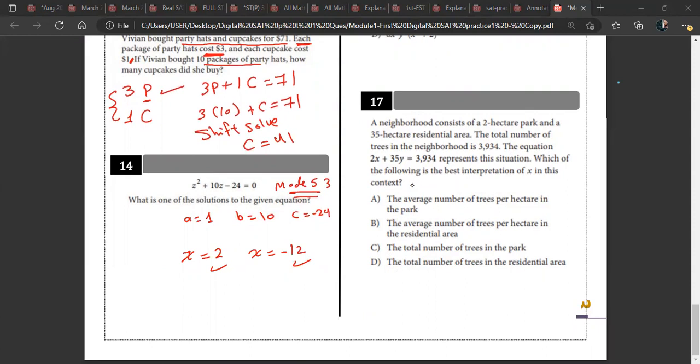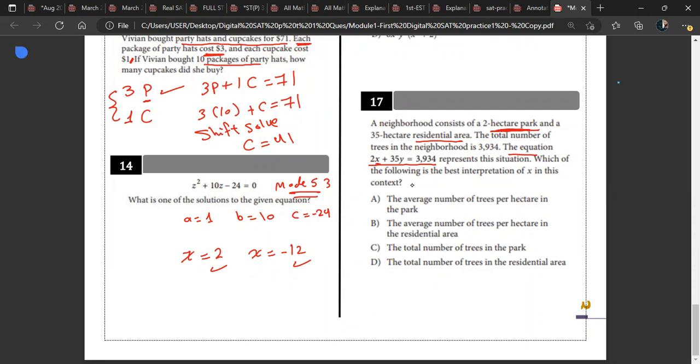So we have here a 2-hectare park, this is the first kind, and a 35-hectare residential area. The total number of trees in the neighborhood is 3,934, and the equation he gave you already represents the situation. Which of the following is the best interpretation of x in this context? What is the meaning of x here?